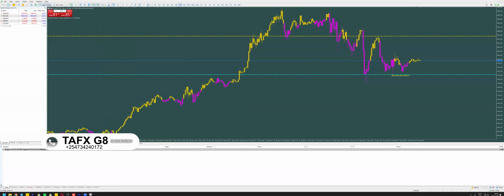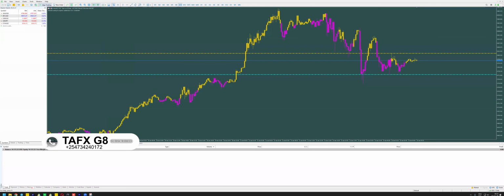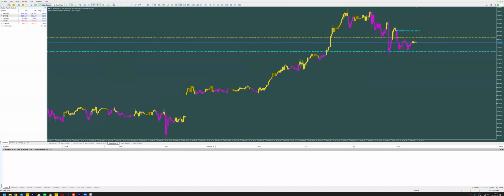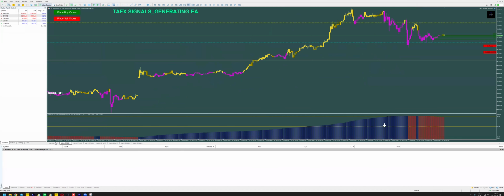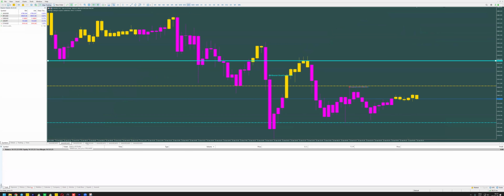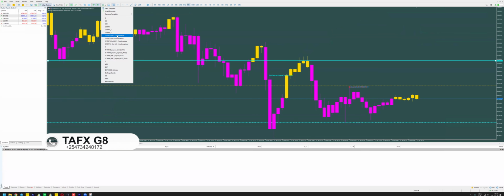So you open two charts, for minute 10, for minute 20 and also for minute 15. This is where I have this minute 15 here as a confirmation one. By default, where the signal generating EA is, it is a second confirmation. So the second minute 15 here, you can use it for a first confirmation, right, which is this one.